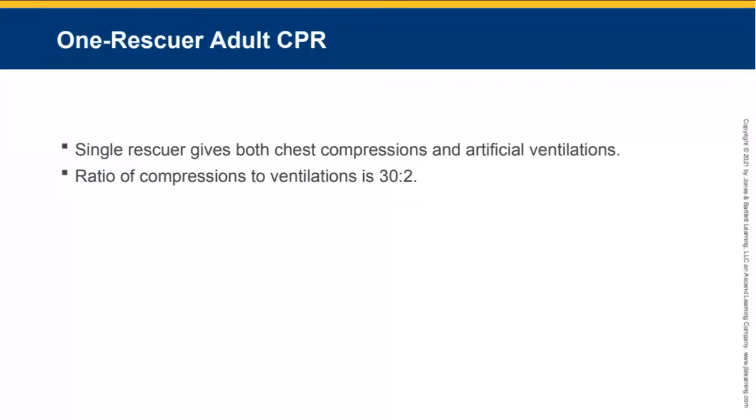Now, 1 rescuer adult CPR. A single rescuer gives both chest compressions and artificial ventilation, and the ratio for that is 30 compressions to 2 ventilations. That's 1 rescuer.